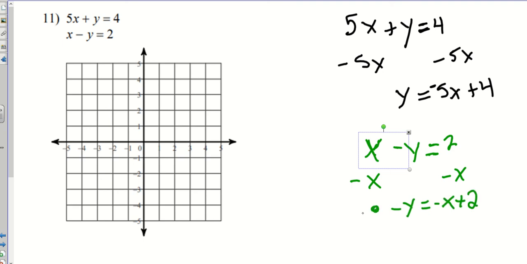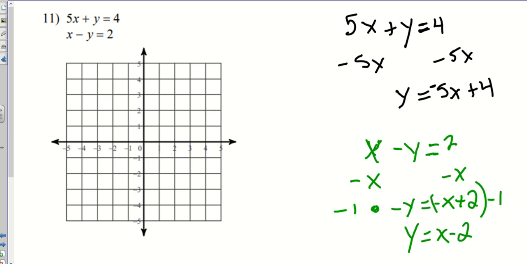And then I have to multiply both sides by -1 to get y to be positive. And I get my two equations in that slope-intercept form, that y equals form that you are familiar with graphing. Now that's a little bit of extra work, but it still allows me to do the job.